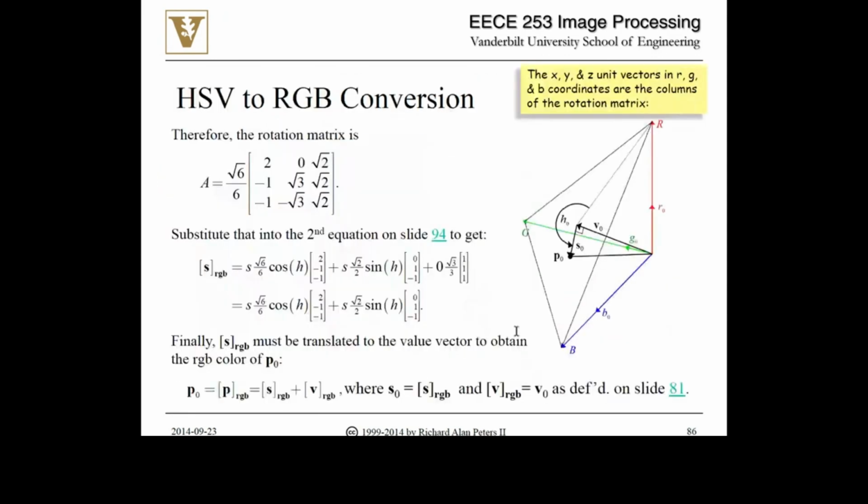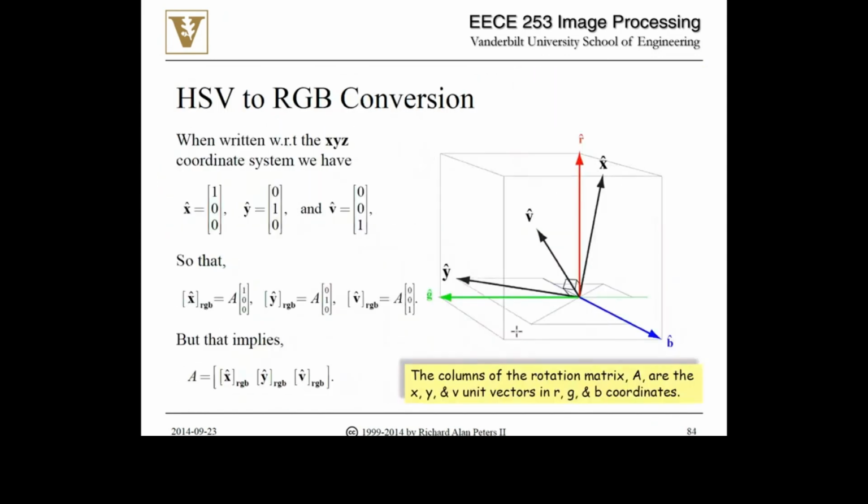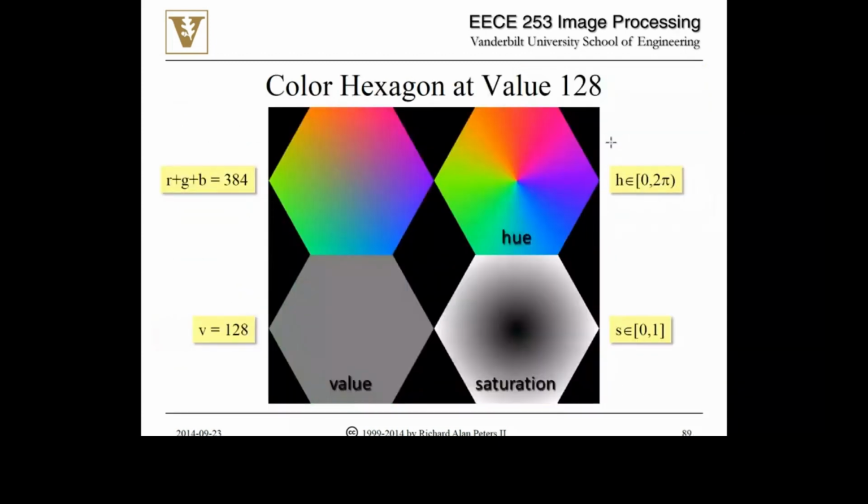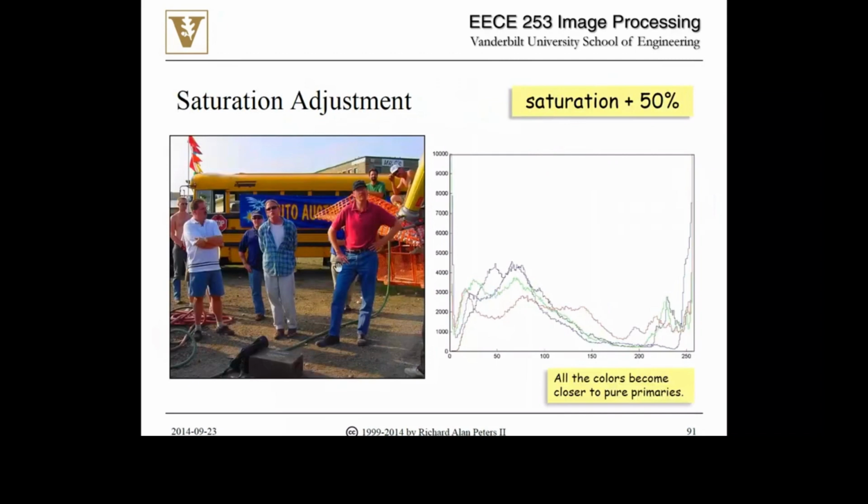If you look at this color cube, the farther you go from this vector, the closer you get to the limits of the cube. So when you saturate your colors, this is what happens. This is just the way to express it.